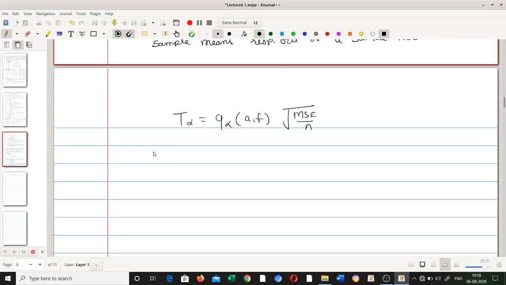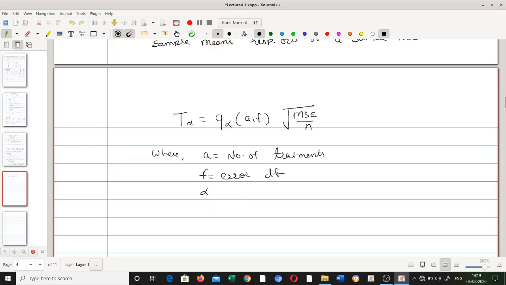Here, a means number of treatments, and f means error degrees of freedom. Alpha means level of significance. MSE means mean sum of squares due to error.